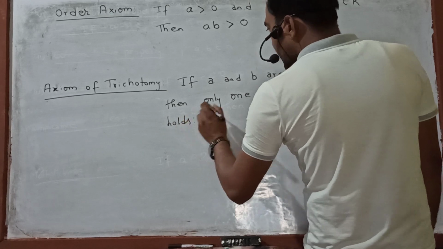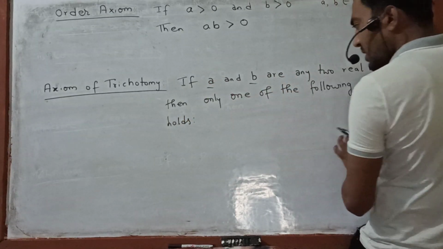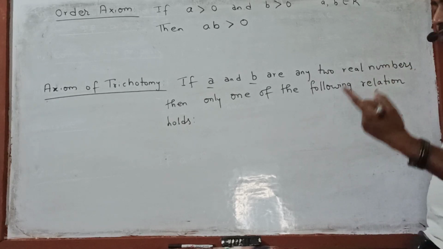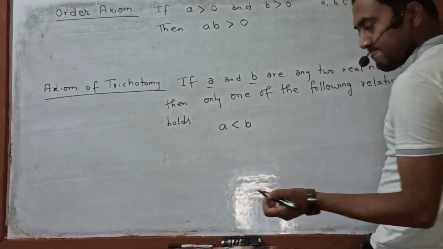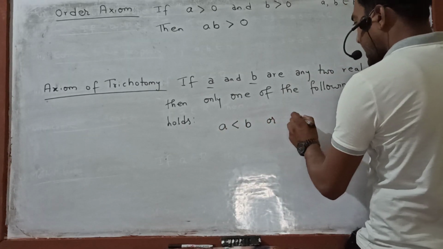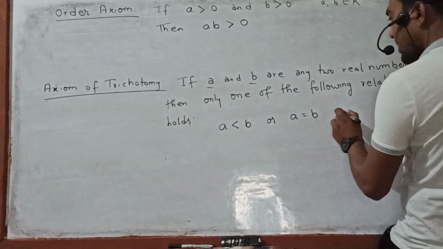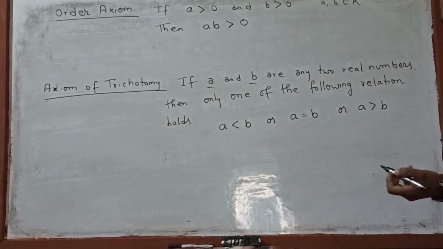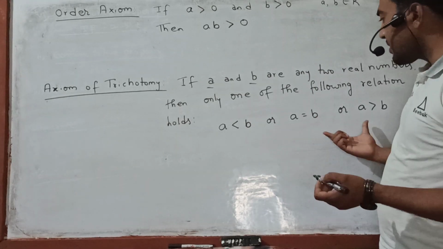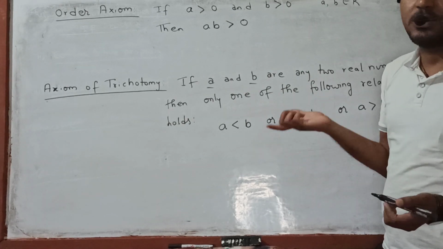If you are taking any two real numbers a and b, then there are three relations among which only one will hold at a time. Either a will be less than b, or a will be equal to b, they may be equal, or a will be greater than b. So two relations at once cannot hold. Among all these three relations, only one relation will hold at a time.